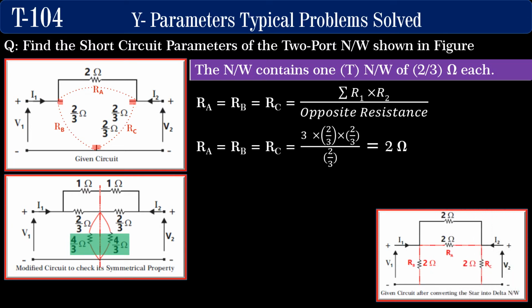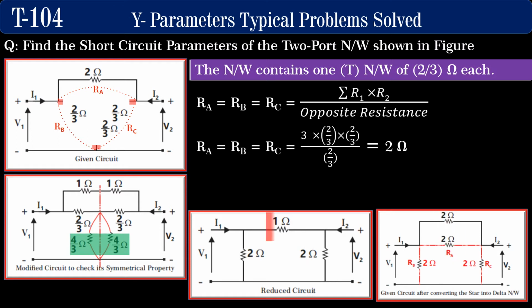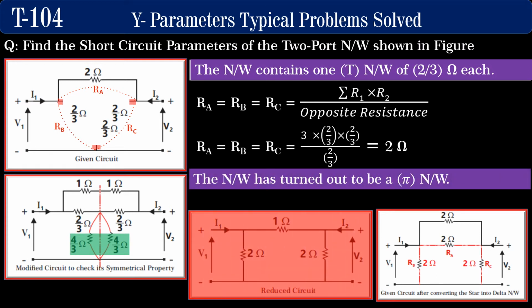You find that these two resistances of 2 ohm each are in parallel and their equivalent is 1 ohm. So, now you observe that what seemed to be a complex given network is transformed into a simple pi network as shown in figure. And if we transform all the resistances given here into admittances, we can find out the Y parameters very easily.